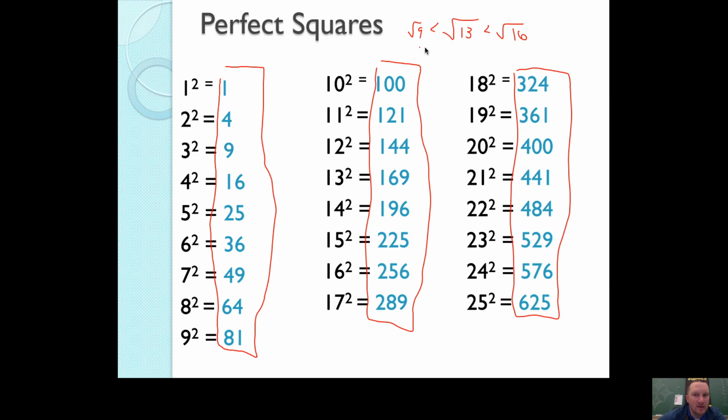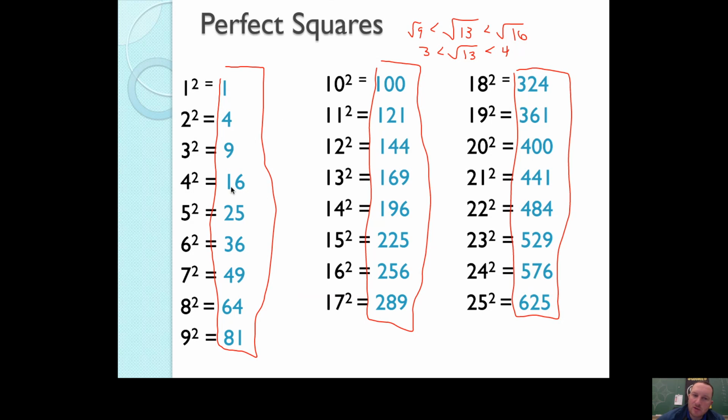We know the square root of 9 is 3, and we know the square root of 16 is 4 because those are perfect squares. So what that tells you is the square root of 13 lives in between 3 and 4.